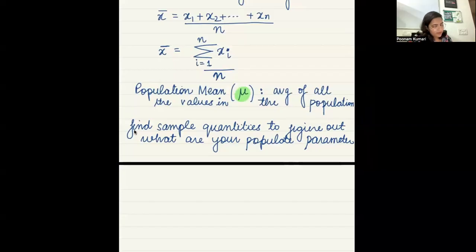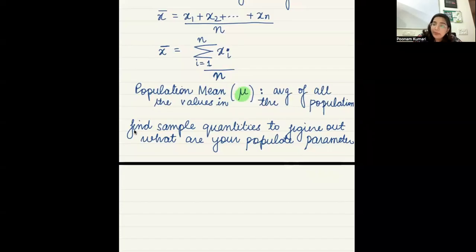Let's say, for example, we can say that the sample mean is my best guess for what my population mean could be. If my goal is to calculate the average marks of BA economics students in Delhi University, I can't ask each student and find that data. So I pick 2 students from each college and take the mean of their marks.